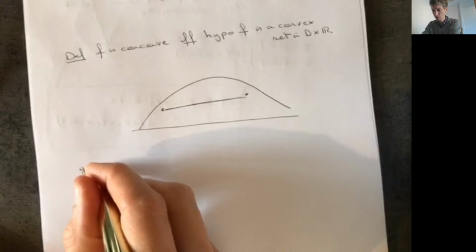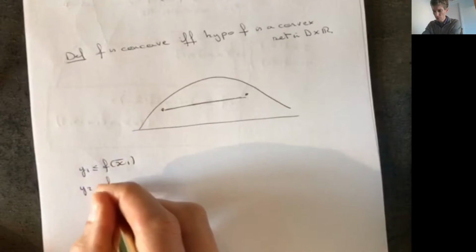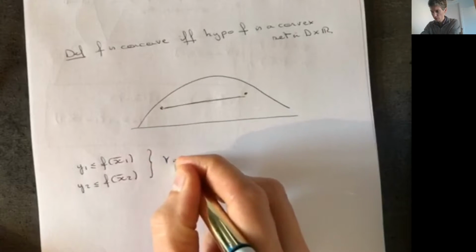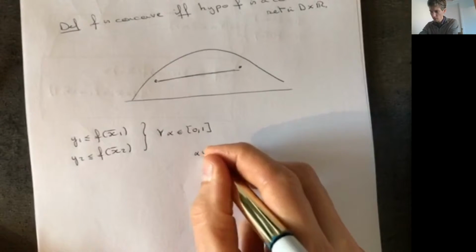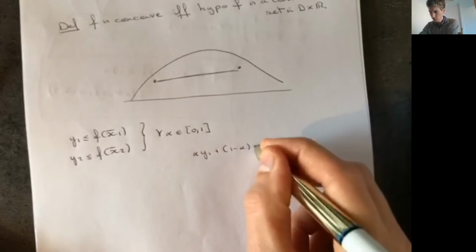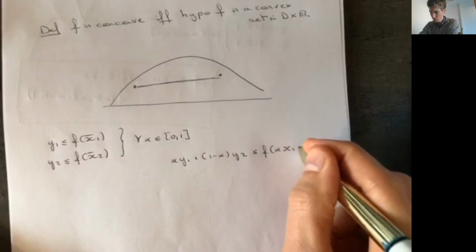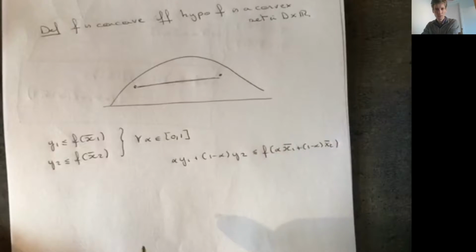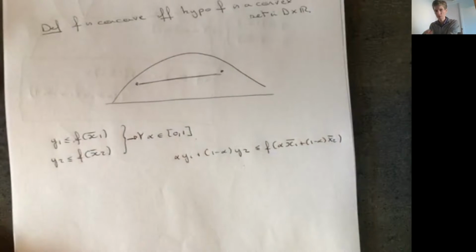If I take a y1 lower or equal to f of x1, and a y2 lower or equal to f of x2, then I need that for all alpha between 0 and 1, alpha y1 plus 1 minus alpha y2 is less or equal to f of alpha x1 plus 1 minus alpha x2. If this is the case, then this follows. So that's the equivalent definition of concavity.